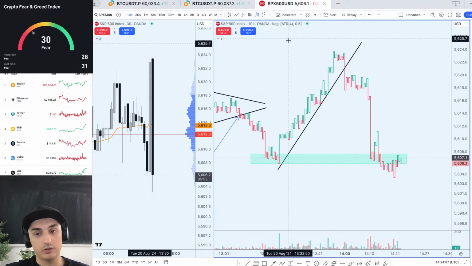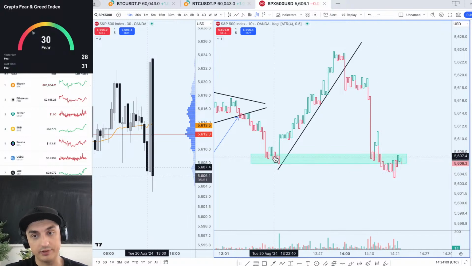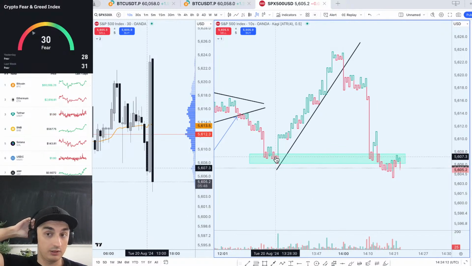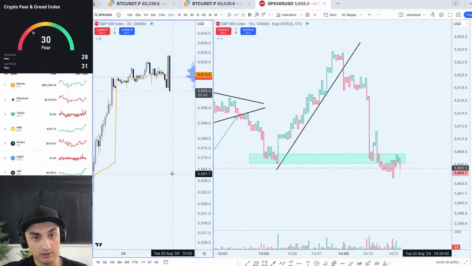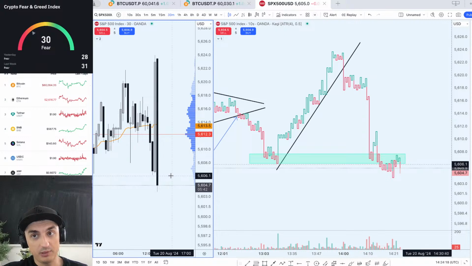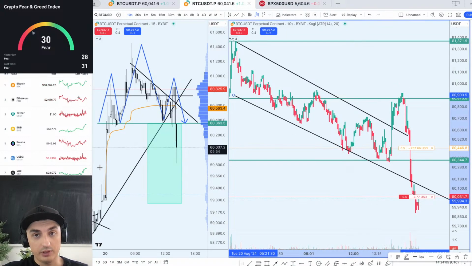We got what we got over here. The S&P is retesting 5,600s once again, getting some rejections. The 30-minute time frame closes in 5 minutes.